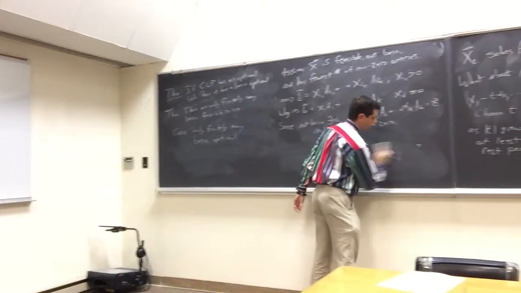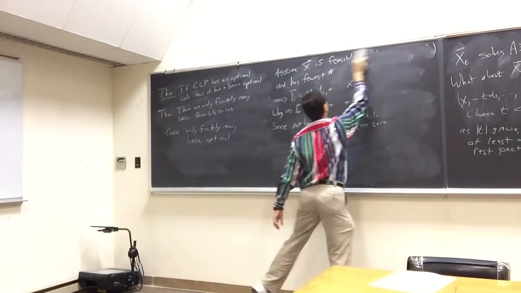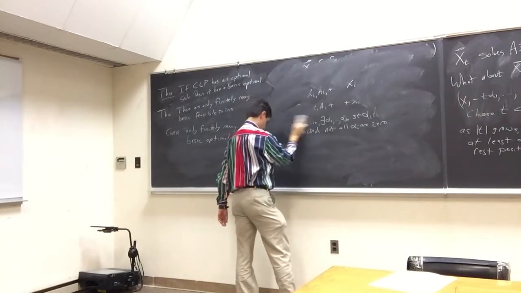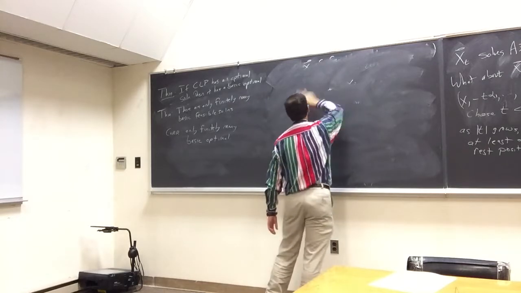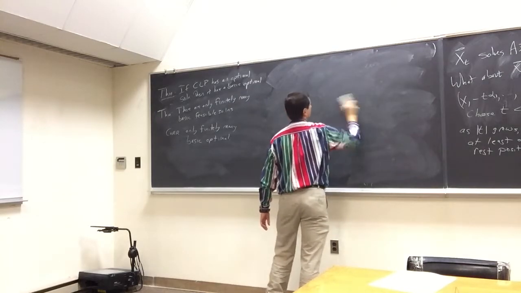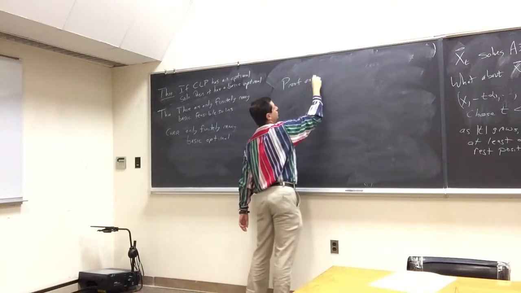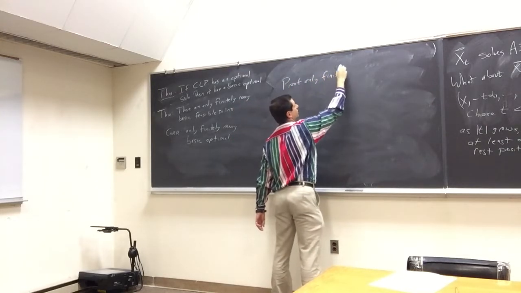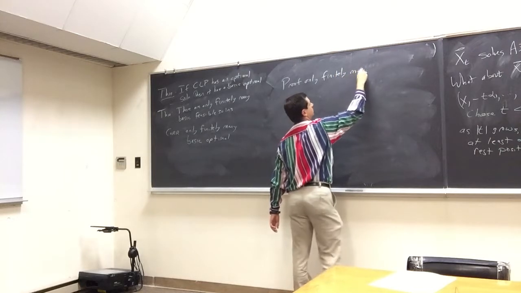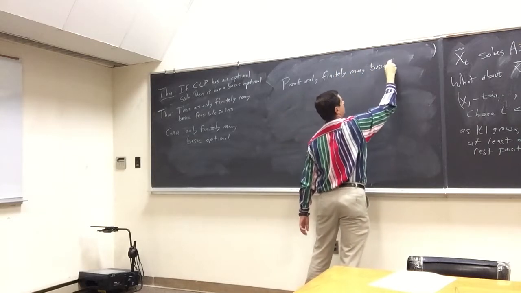Okay. So we want to prove the theorem now, that there are only finitely many basic feasible solutions. Proof: only finitely many basic feasible.